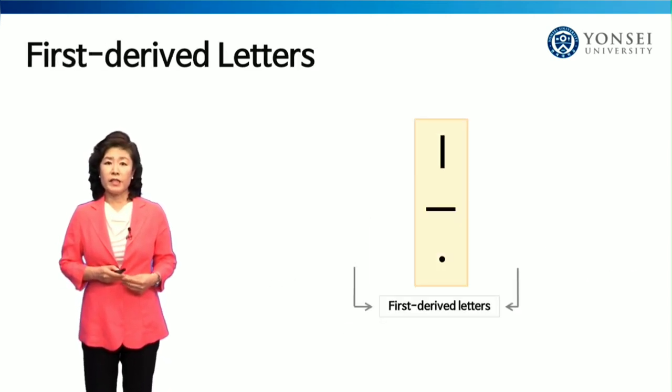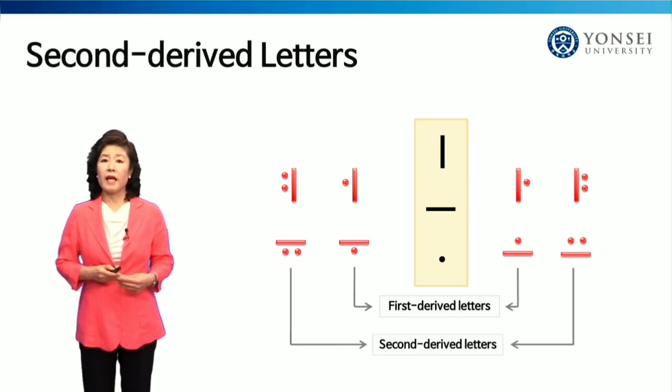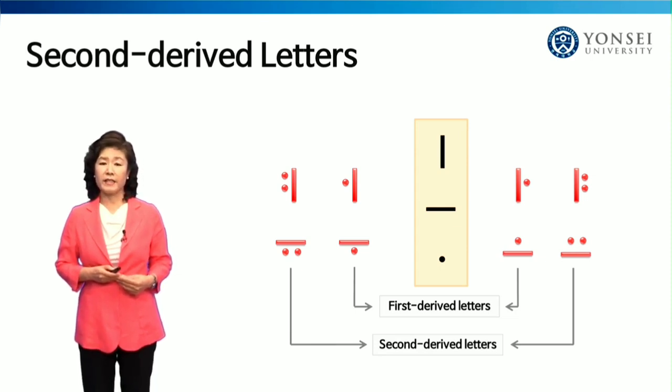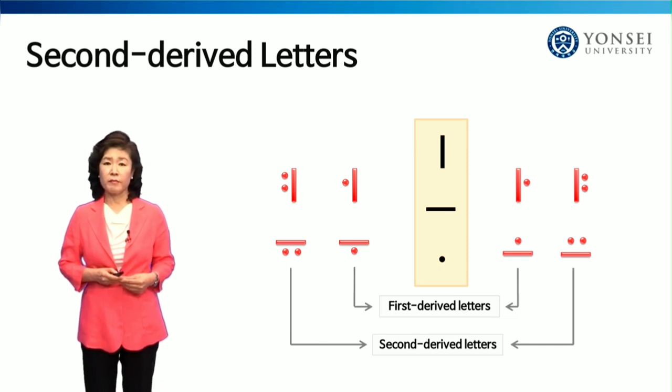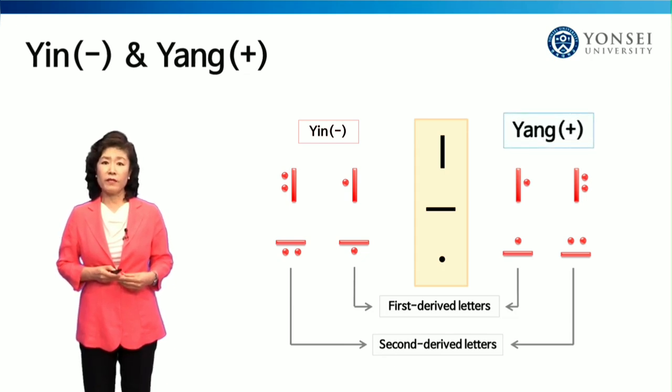The first derived letters were created by attaching it to left and right of E, above and below of U, and second derived letters were created by attaching 2 dots to each side. Dots on the right and the above represent yang, and those on the left and the below represent yin. These second derived letters start with E when you pronounce them.